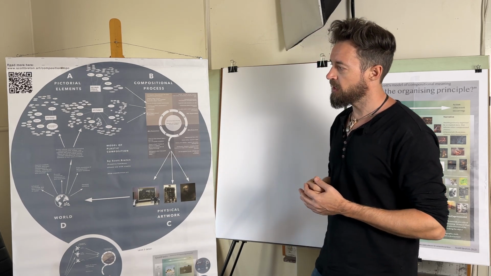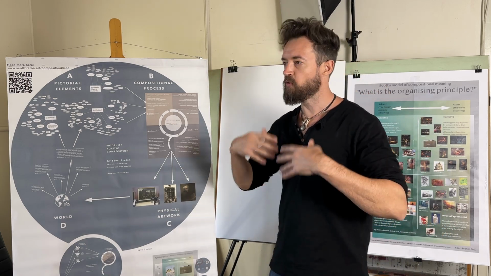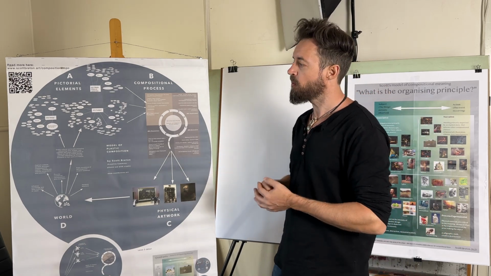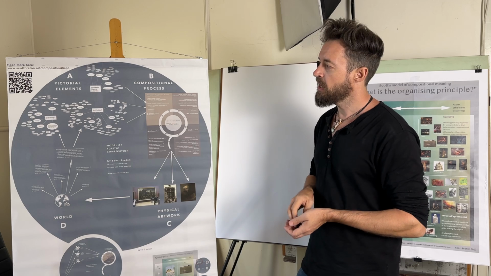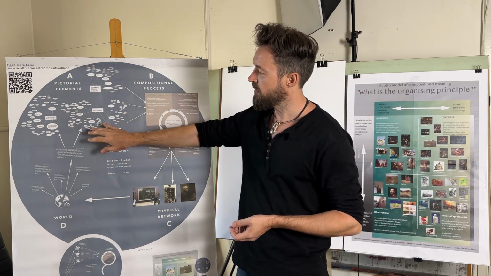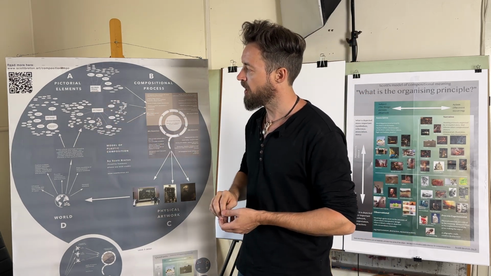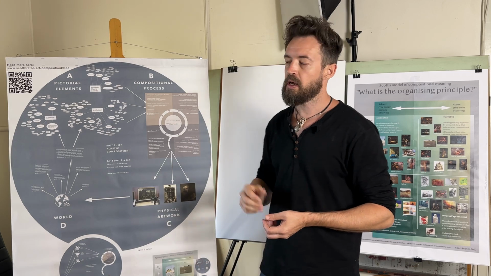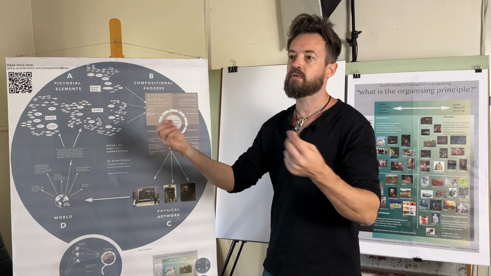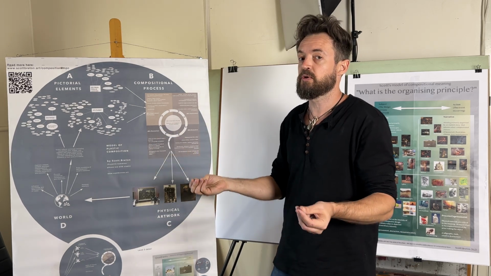One of the things that I noticed and became overwhelmed with was the types of options that we have as artists. So in this model, I have three different core ideas. One is subject matter. Subject matter is things from the visual world that you could choose to include or not include.